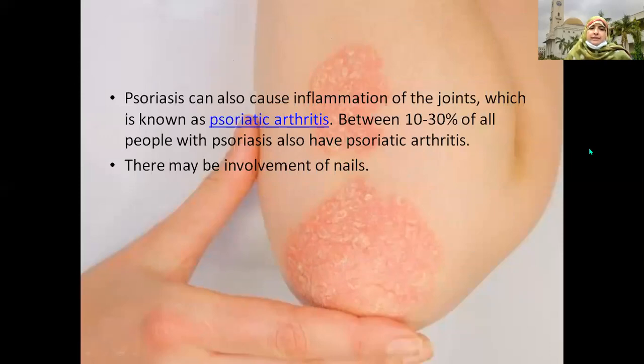In addition to these, as I told you, it can also cause inflammation of the joints, which is known as psoriatic arthritis. And there may also be involvement of the nails. Between 10 to 30% of all the people with psoriasis also have psoriatic arthritis.